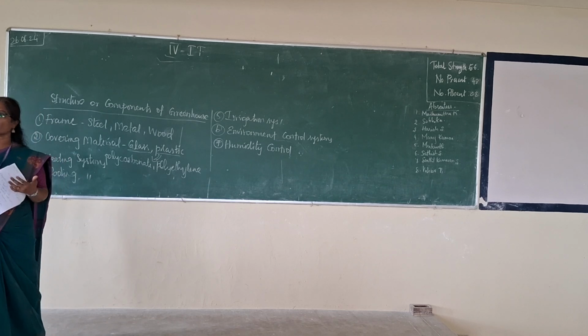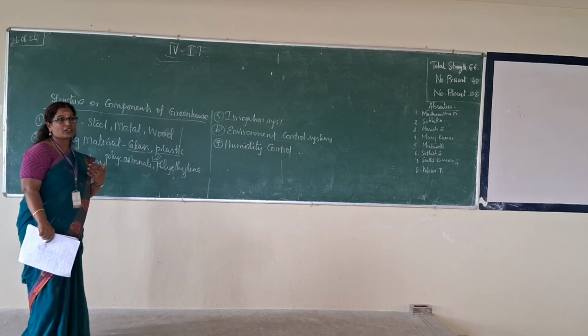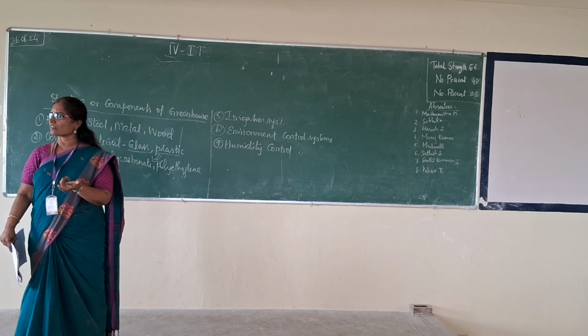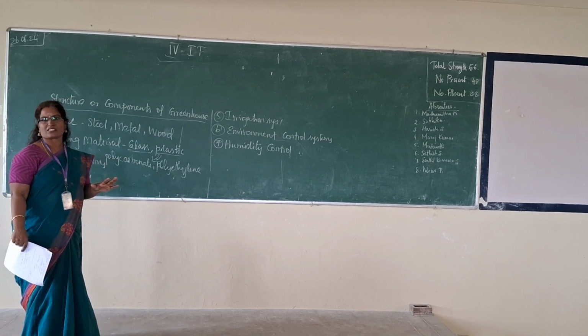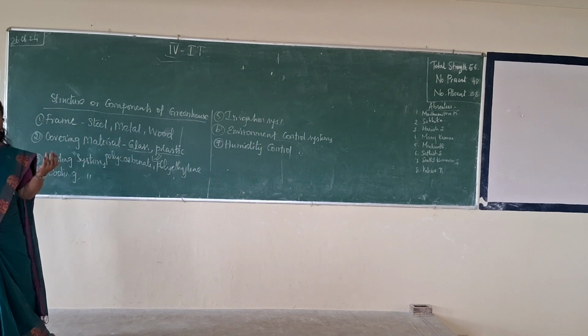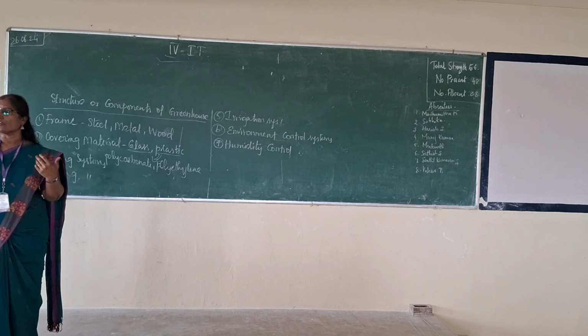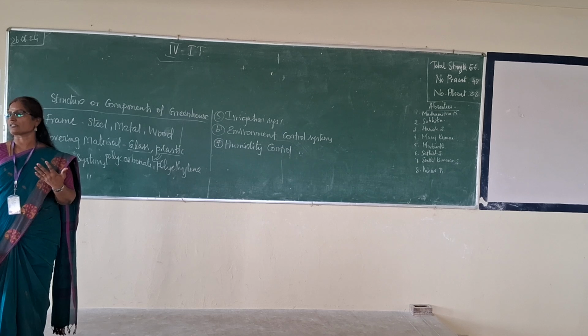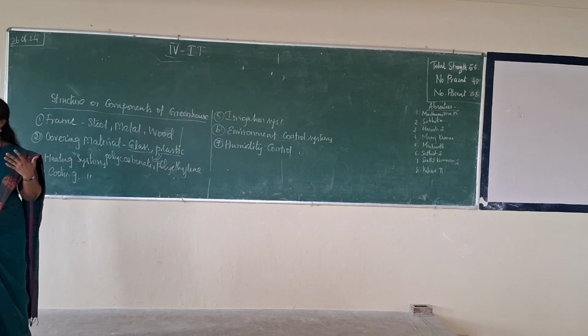When we talk about advantages, definitely you are able to extend the growing season. Normally within 3 months or 6 months that crop is done, you cannot make use of it. But here, with the support of a greenhouse, all 12 months year round you are able to get the yield, or anything throughout the year.